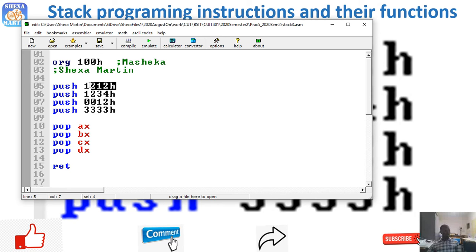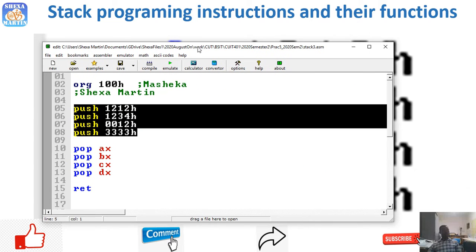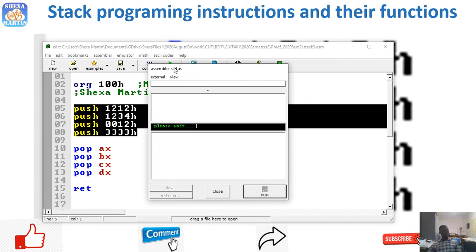The moment we push this onto the stack, SP subtracts 2. We push this, SP subtracts 2 as well. We push that one, it subtracts 2 again, and again. We are only covering the push instruction on this line. Right, so we emulate our code and try to see what will happen.